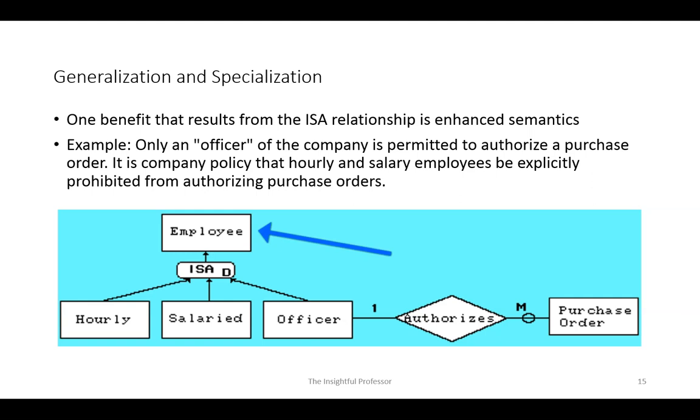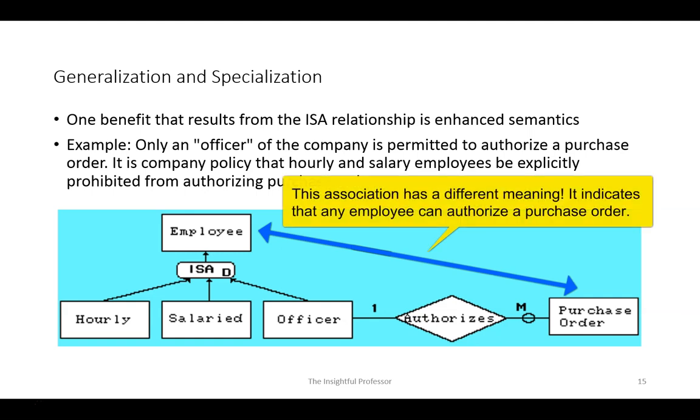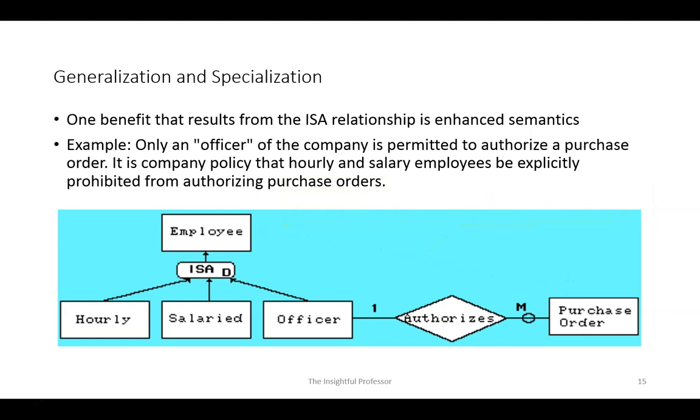If we had made the association between employee and purchase order, that would imply that any employee has the ability to authorize a purchase order. We could clarify that point within the data dictionary, but notice that we're able to show that restriction within this diagram without the need to consult the data dictionary for clarification on the authorize relationship.